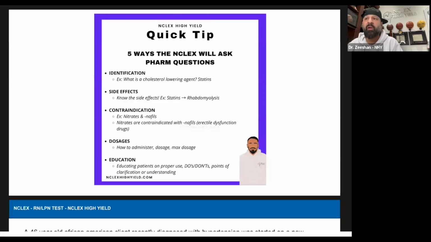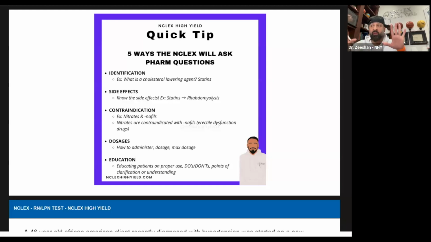Because if this drug is commonly prescribed or it has a very bad side effect, then we need to know it because the boards love those, right? The other thing is what they're contraindicated with, which means if a drug is being used for a certain medical condition, there may be certain other drugs or certain products that you cannot consume simultaneously.